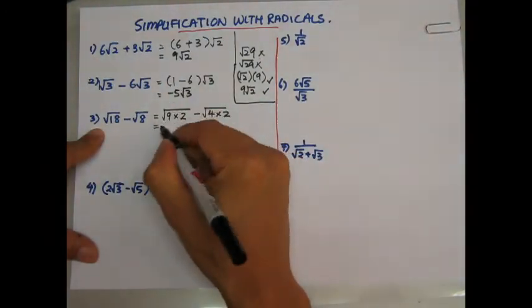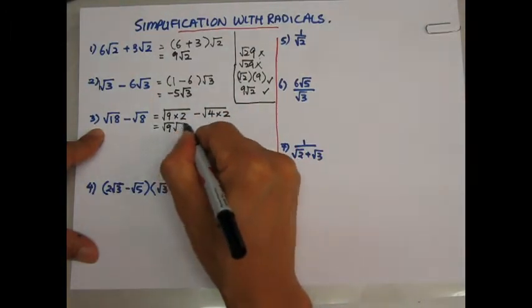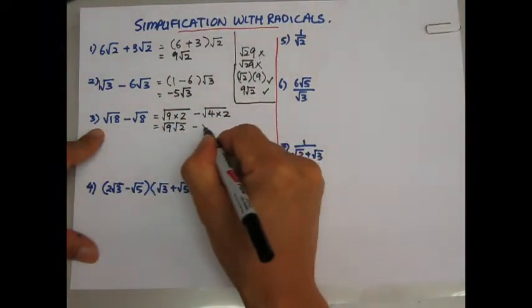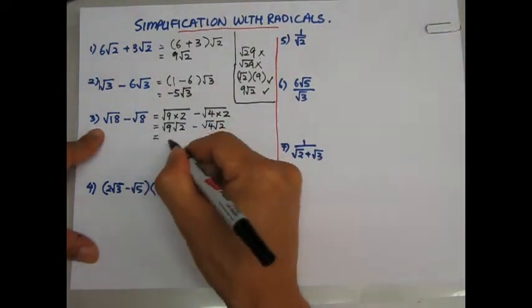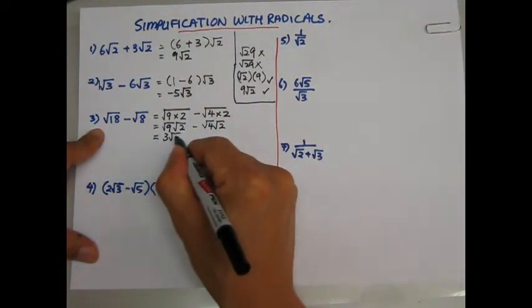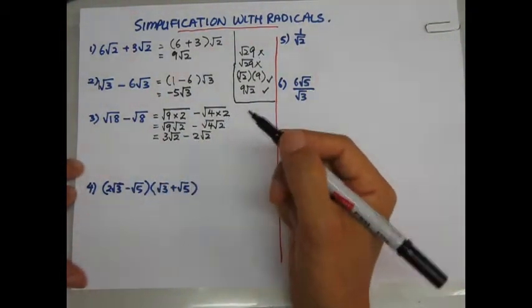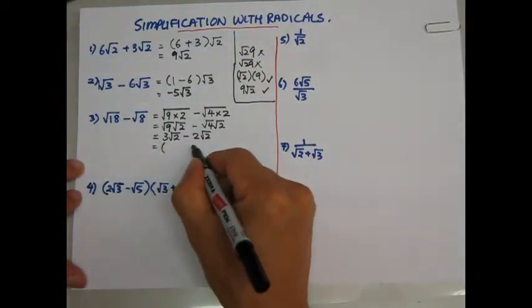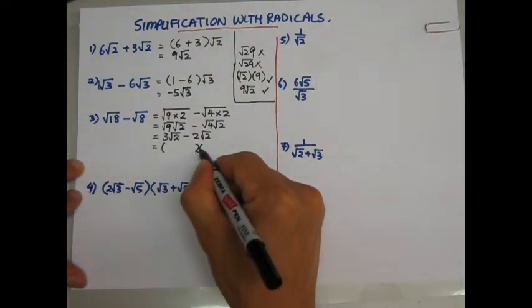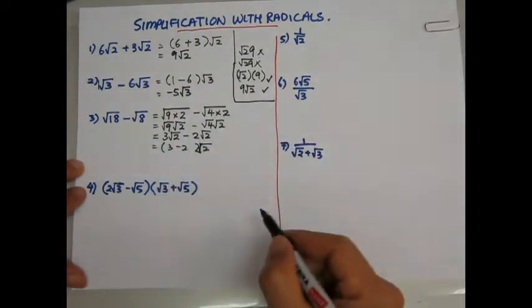So, next step, distribute the square root. So I get something like this. And then square root of 9 is 3, so 3 times square root of 2 minus 2 times square root of 2. Alright, then here the common factor is square root of 2, and I have 3 minus 2 in the bracket.